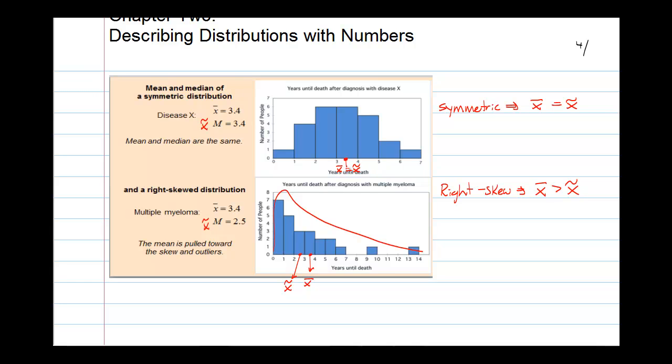So for both diseases, X and multiple myeloma, you have on average 3.4 years to live after you've been diagnosed. However, of the 25 people with disease X, and we can tell that there's 25 if we were to add up these bars, because here's one person, here's 4, so 1 plus 4 is 5, and you could go through and add these up. So again, of the 25 people with this top disease, only one died in the first year after diagnosis.